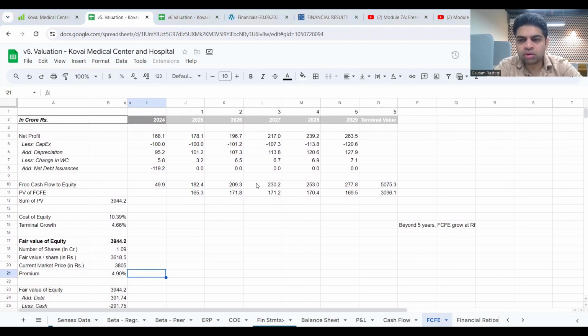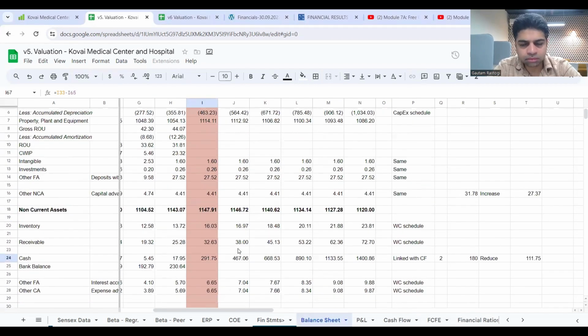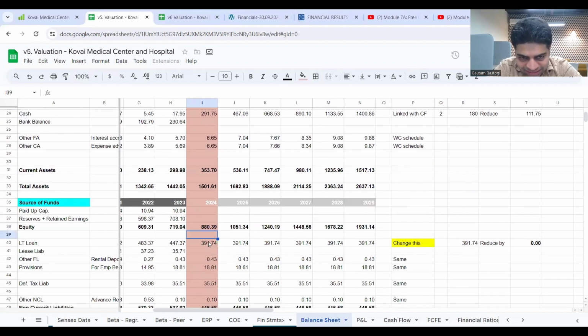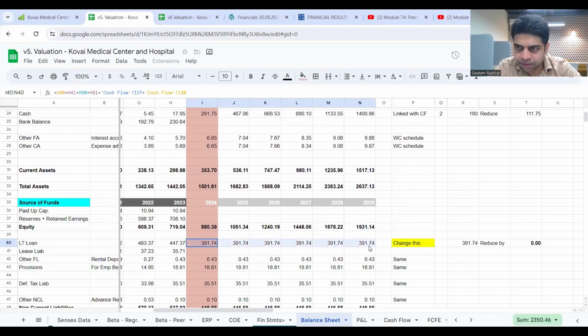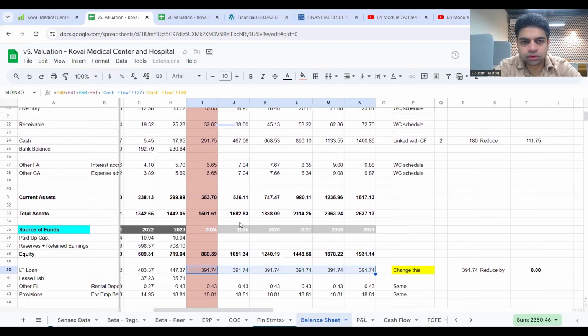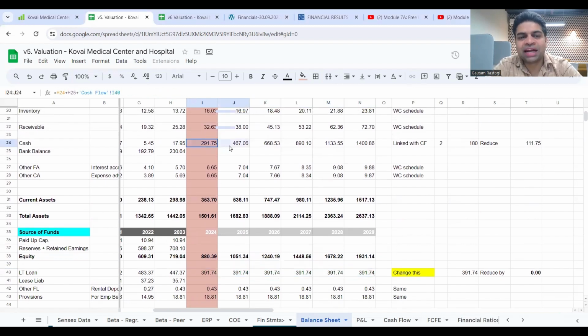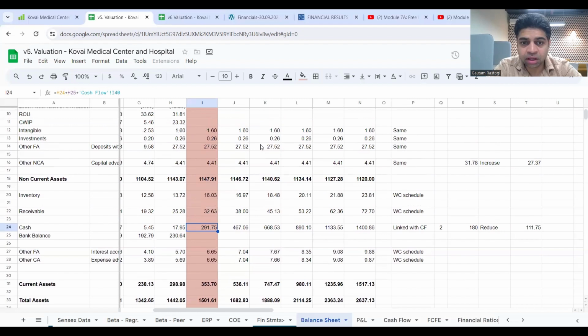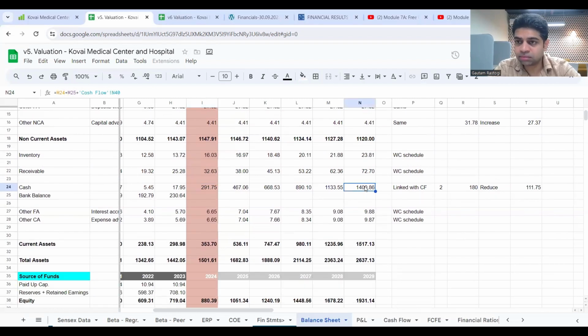Now, let's do something. Let's change our debt assumptions for the future years and see how it changes our enterprise value, our equity value. So if you see, debt stays the same right now, and cash keeps on getting accumulated from around 300 CR now, as of this year, to 1400 CR.